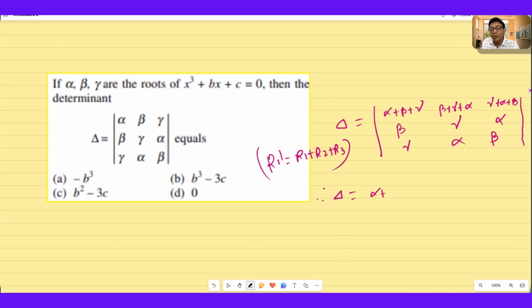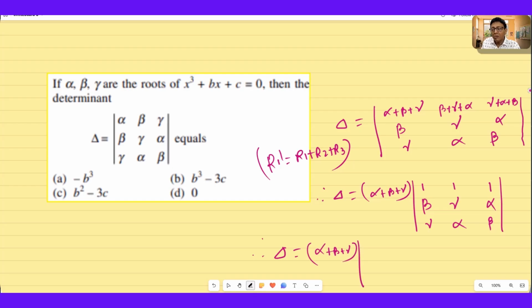So delta equal to, take alpha plus beta plus gamma common, 1, 1, 1, beta, gamma, alpha, beta. Now subtract this column from this and this.